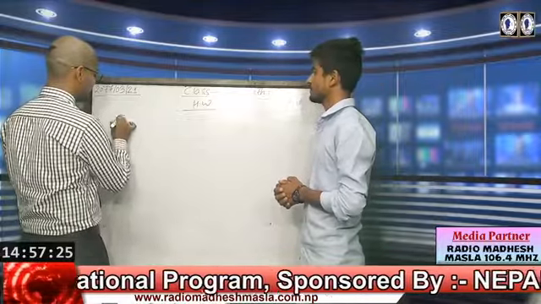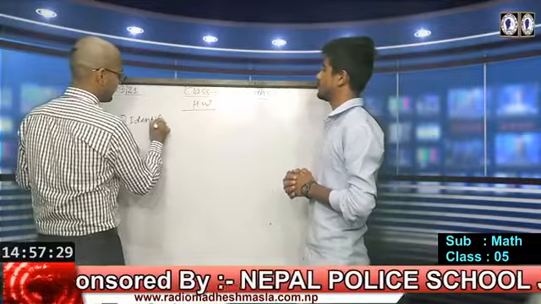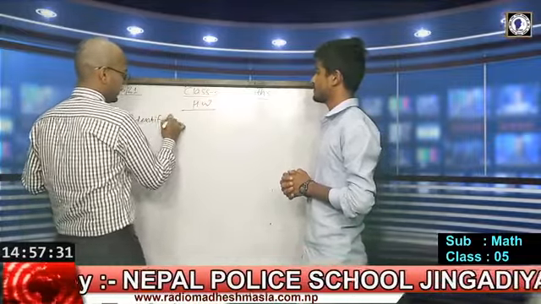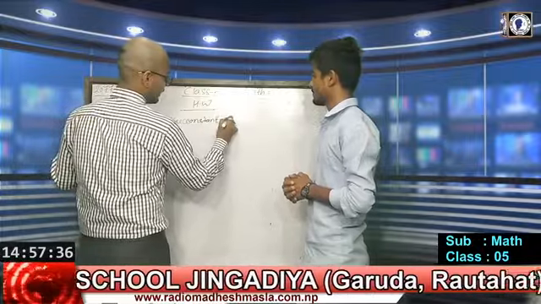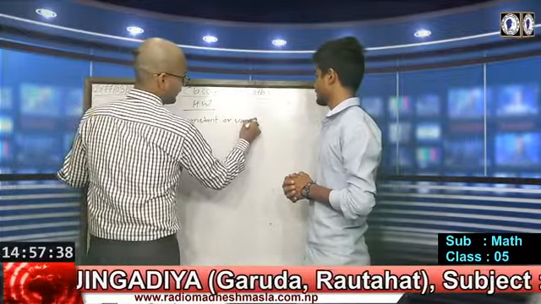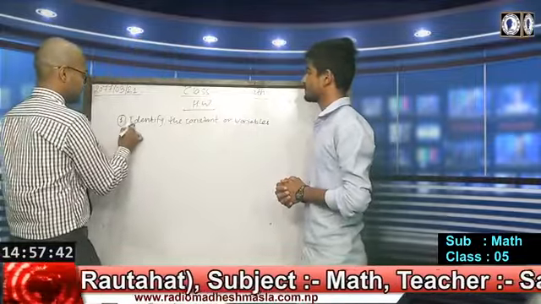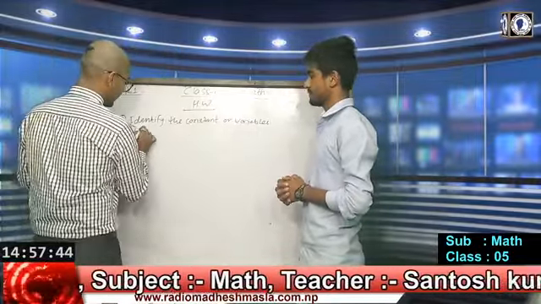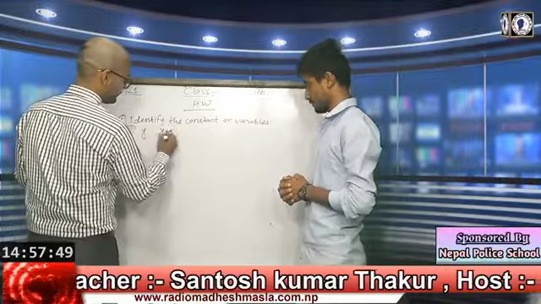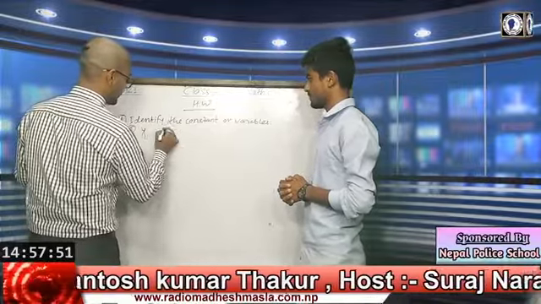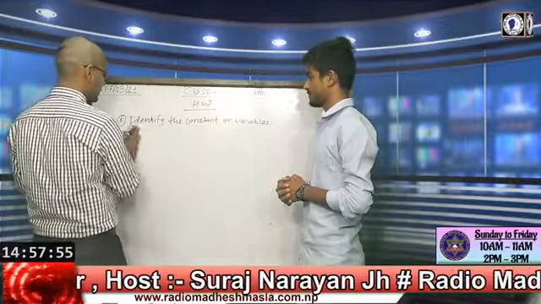Your question number 1 is: identify the constants or variables. Suppose you are given questions like this: y plus 1, y plus 7, 2z, 3xy, 2x plus 7.